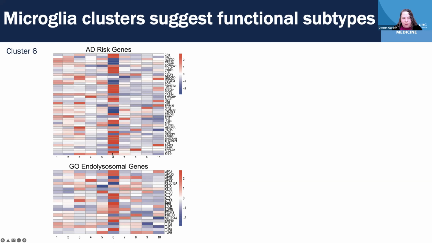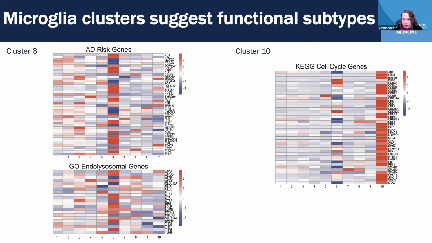And as has been shown in other studies, microglia in association with AD do appear to increase expression of ApoE. Interestingly, we also saw a big change in endolysosomal genes in this cluster 6 group. Now cluster 10 is really interesting. This is the one where we see decreased numbers of microglia.